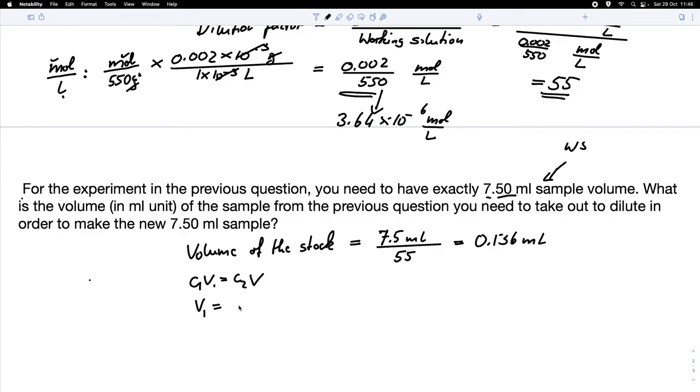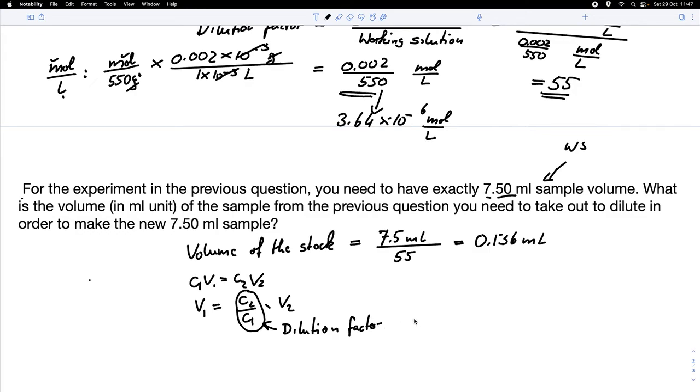So V1 equals C2 over C1 times V2. And this here is actually our dilution factor. So if you wonder how I came up with this equation, that's the dilution factor, or rather the inverse of the dilution factor, because I used it the other way around. But that is pretty much the same thing.